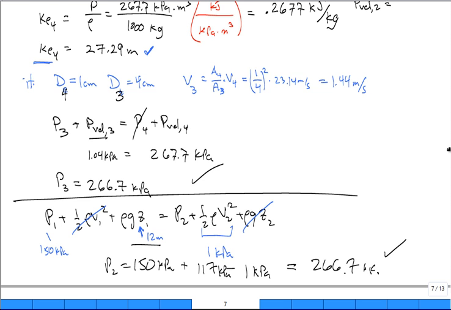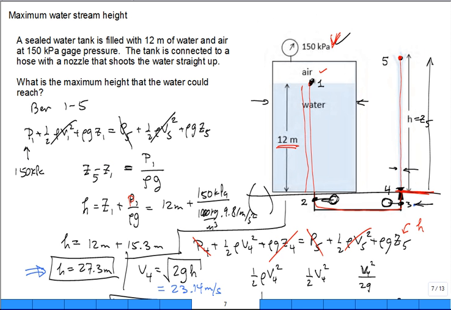Talk about it like this. If the fluid packet starts here, it has a lot of pressure and elevation, no speed. As it comes into here, it has some speed, right? The velocity pressure is about 1 kPa, a lot lower elevation, but a lot higher static pressure.